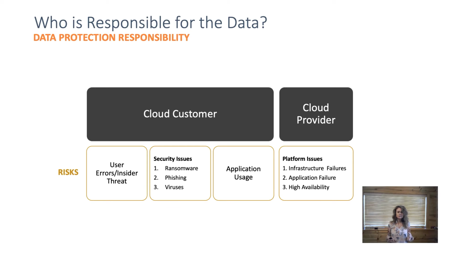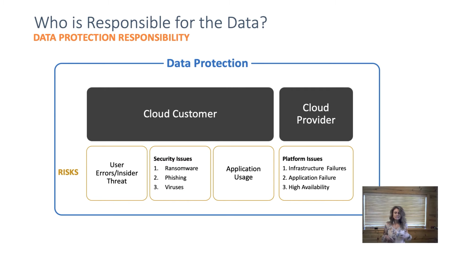There are some options you can pay for over and above what comes natively, but it is their responsibility to make sure your system stays online, and every cloud provider will have different SLAs for this. So data protection is shared. If the data is for your enterprise, you are responsible, and the cloud provider will keep your infrastructure online.